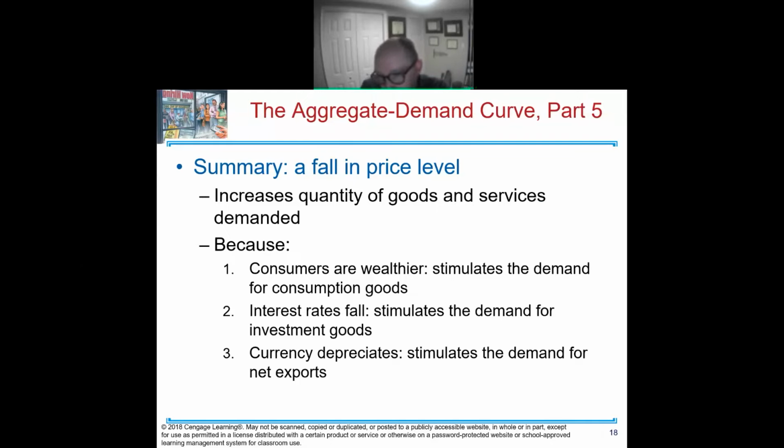But if that price goes down to 25 cents a piece, you might buy 4 of them, right? That's just logic. Price goes down, therefore you'll buy more. So there's an increase of the goods and services, and there's also an increase in quantity. Wealth, there will be more consumption. Interest rate will go down, and the value of currency will also go down. But net exports will also increase.